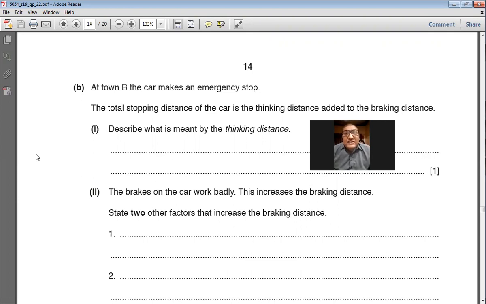During the reaction time, the car covers some distance. Obviously, the car is moving at a certain speed, so it will cover some distance. The distance covered during the reaction time is known as the thinking distance.